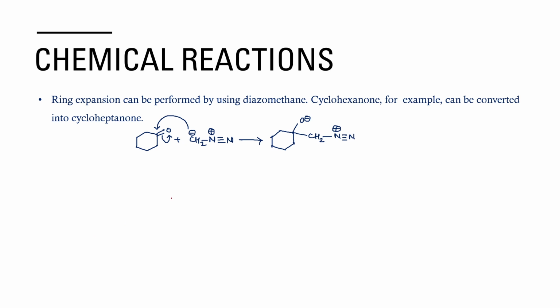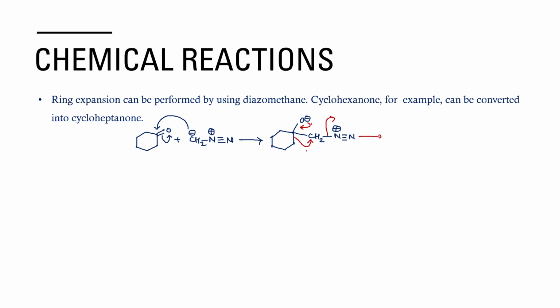So therefore, at this juncture, this comes over here, and this ring, see, the sigma bond migrates, and therefore this N2 goes out.